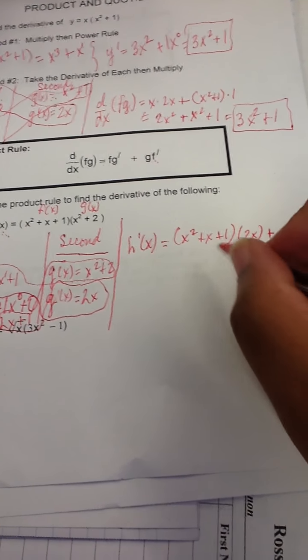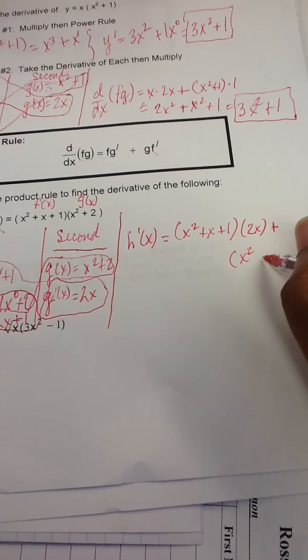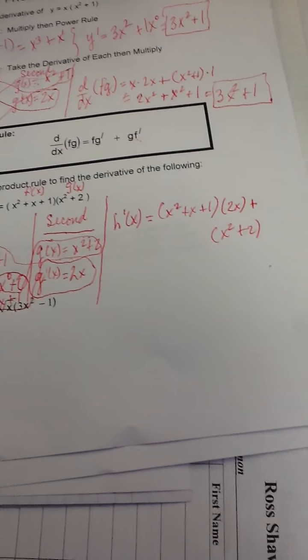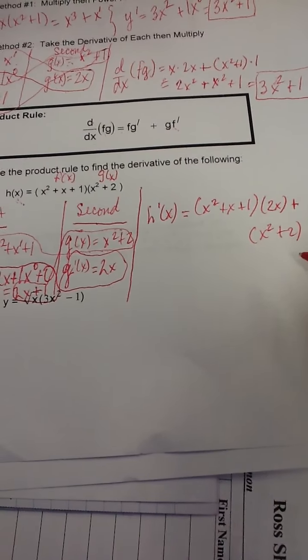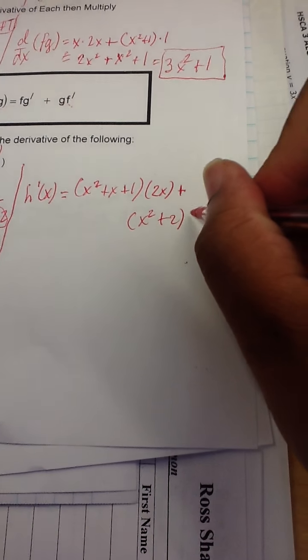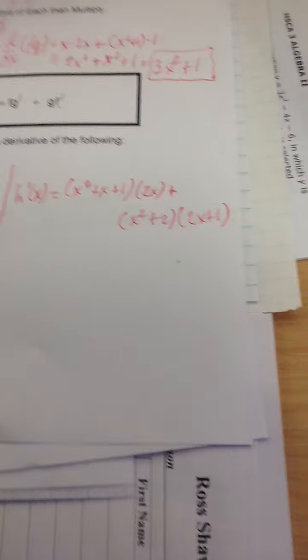So that's plus g of x is x squared plus 2, like so. And f prime of x is 2x plus 1.